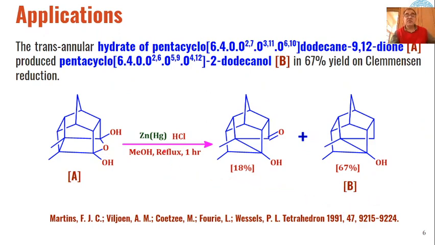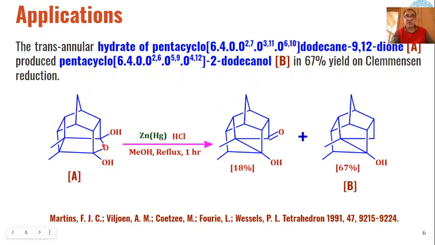Then there are a few important applications of Clemmensen reduction. The transannular hydrate of pentacyclododecane 9,12 dione, this one, is formed from pentacyclododecane 9,12 dione.